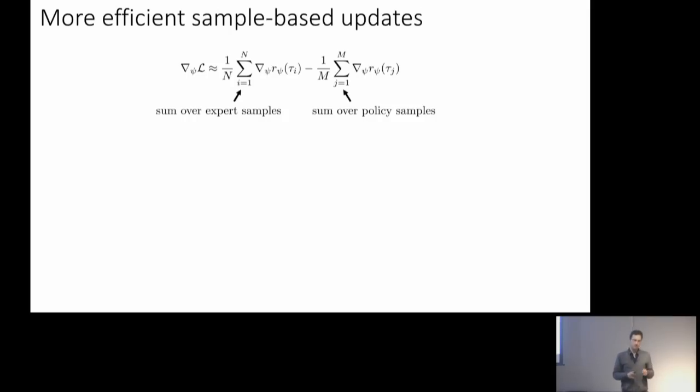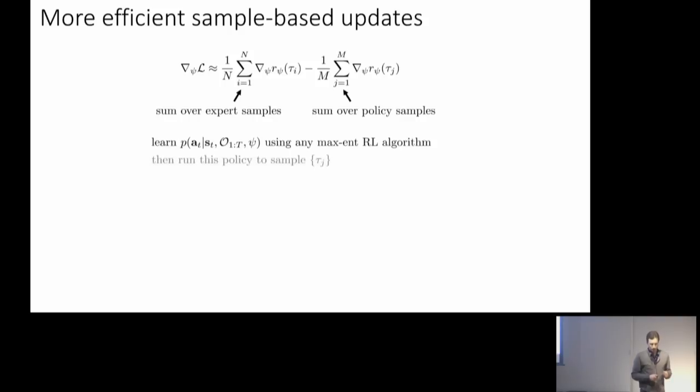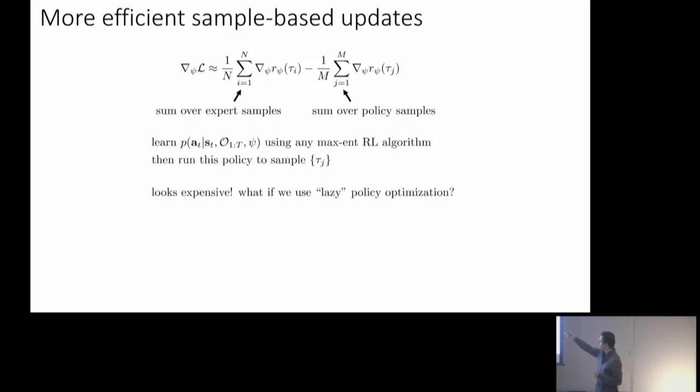So we can do something a little more efficient. What we can do is follow the same basic recipe, but be a little bit lazier about optimizing our policy. So instead of learning p of a given s, o, psi to convergence, what we can do is not learn it to convergence, but just improve it a little bit.